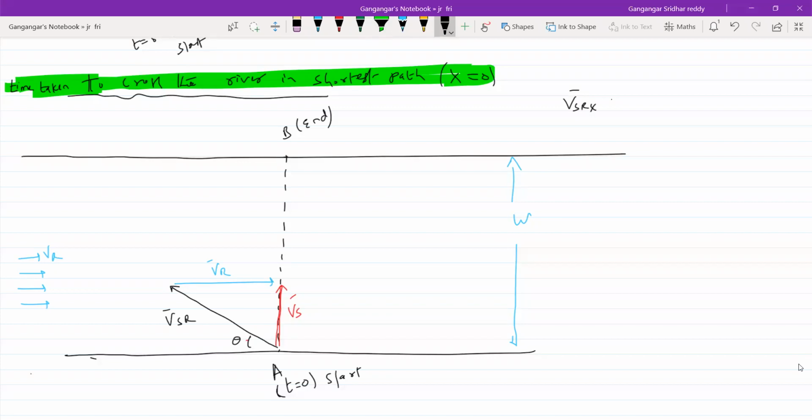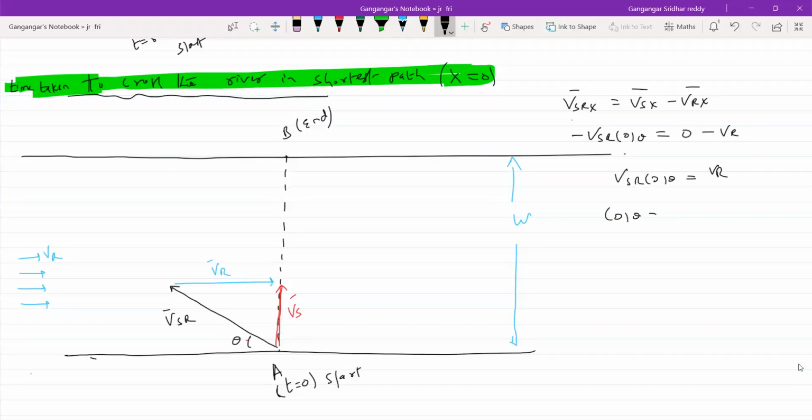VSRX is equal to VSX minus VRX. Will I agree with this? VSRX, velocity of swimmer with respect to river. So what direction is it? Minus VSR cos theta. This should be 0, VRX. So VSR cos theta should be equal to VR.